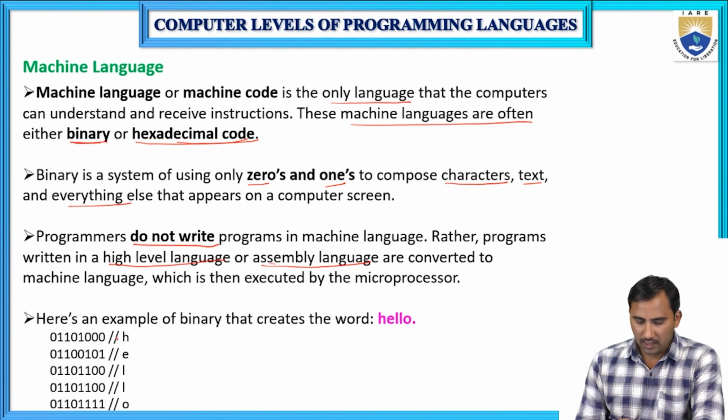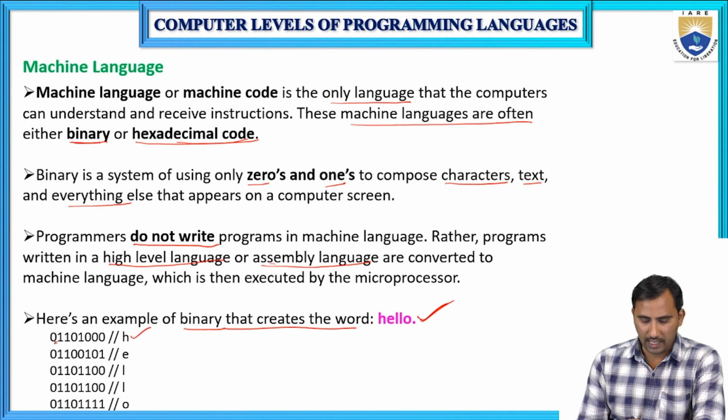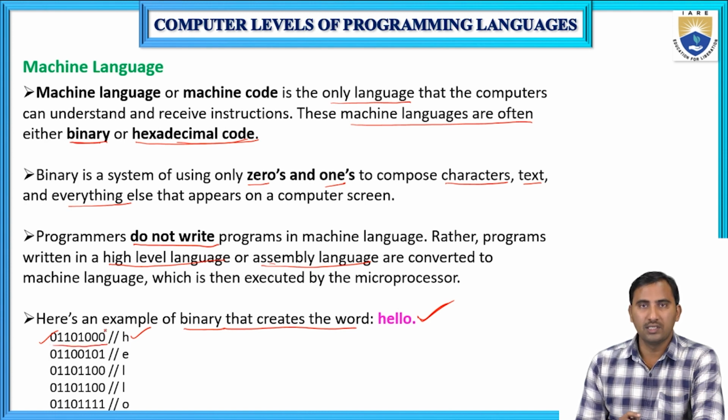Here you can see an example of binary code. Suppose we write hello in English; we can easily understand that hello. But if we represent the same hello in binary code, H can be represented like this: 0 1 1 0 1 0 0. This is just for understanding; let us suppose the binary code for H is like this.